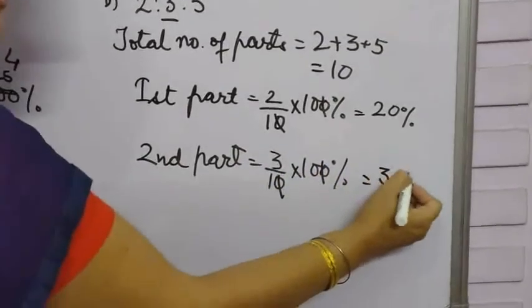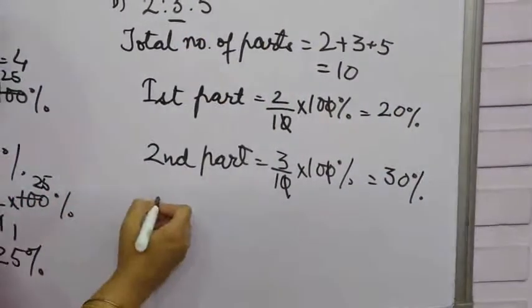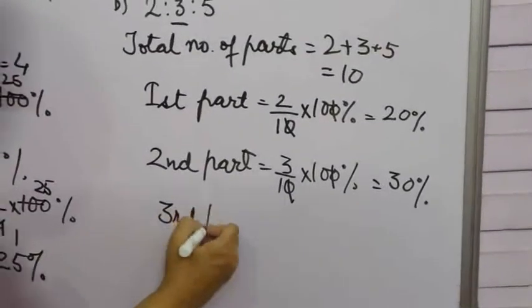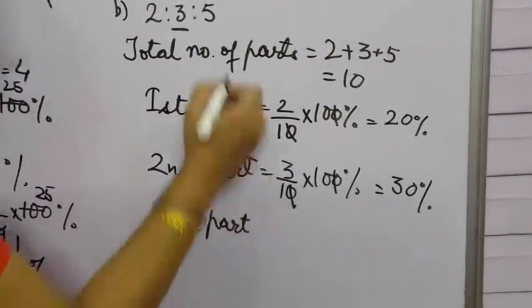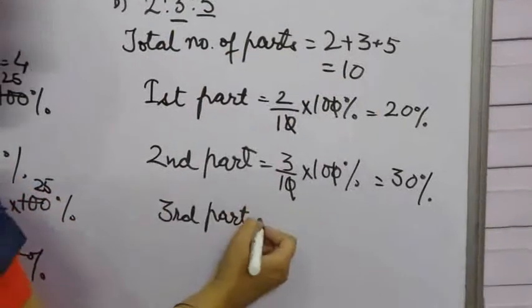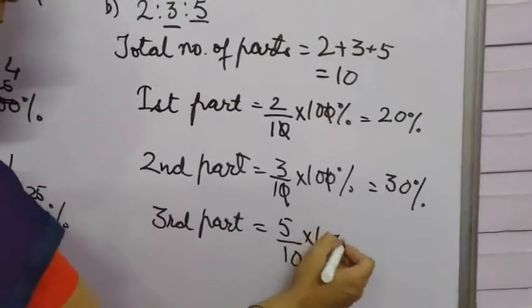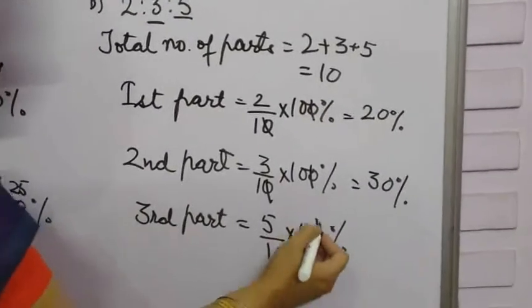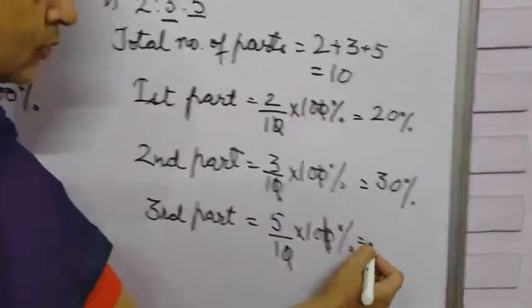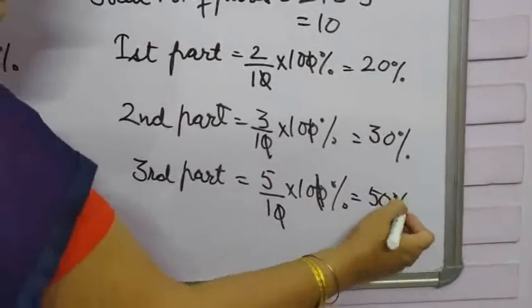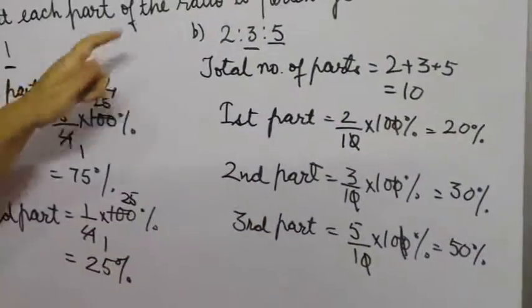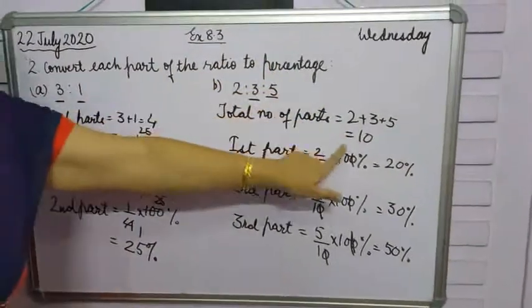So it is 30%. And the third part was 5 out of a total of 10. So 5 upon 10 multiplied by 100%. Again divide by 10. So it is 50%. So this is how we convert ratio into percentages.